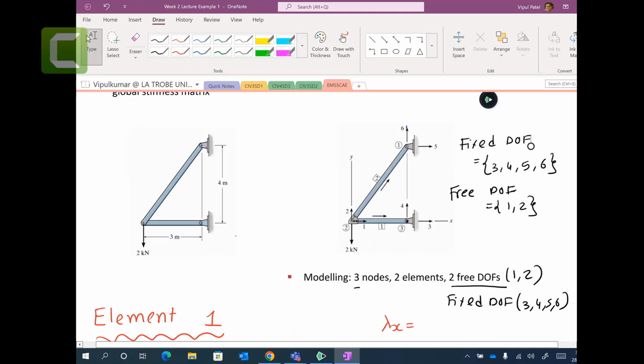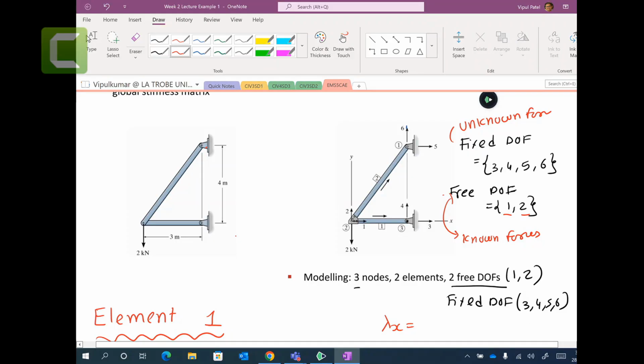So in more detail, free degrees of freedom are known forces. So Q1 and Q2 are known. These others are unknown forces. So 1 and 2 are known; 3, 4, 5, 6 are unknown.